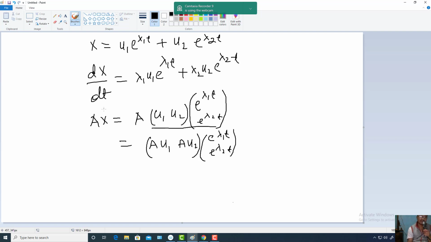Since x is a solution of the given differential equation, dx by dt must be equal to Ax.